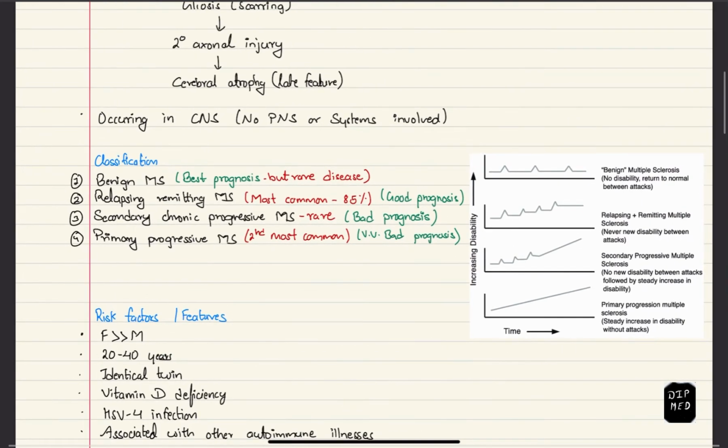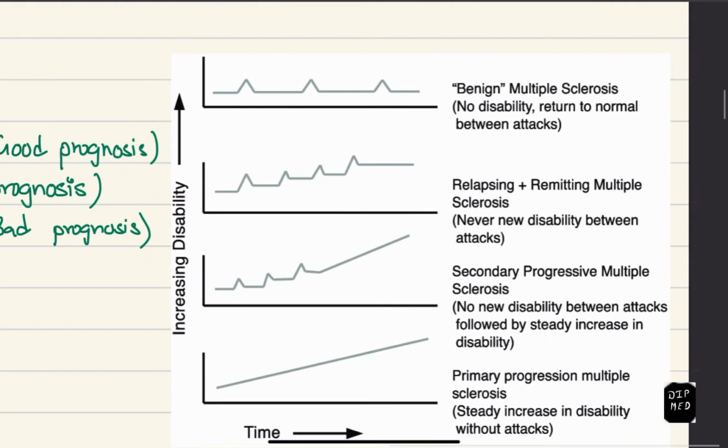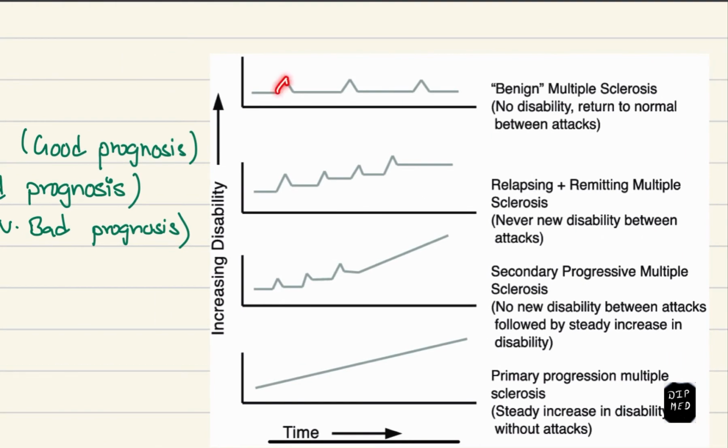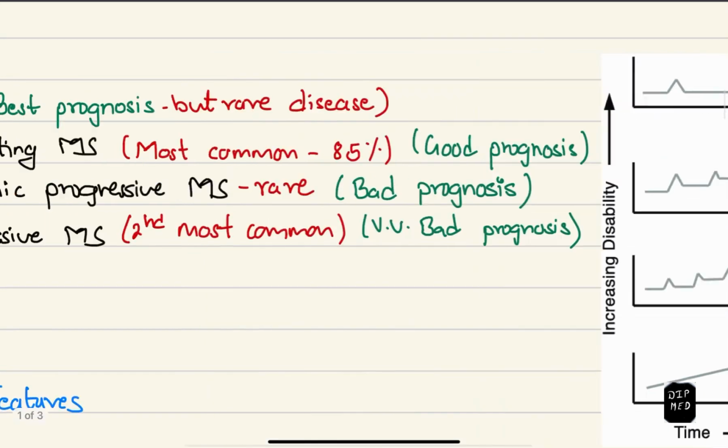In the classification, it is classified into 4 types. First is benign multiple sclerosis. It has the best prognosis, but sadly it is rare compared to others. This type can present as episodes of attacks, but there are no disabilities in between the attacks. So the patient returns to absolutely normal after the attack.